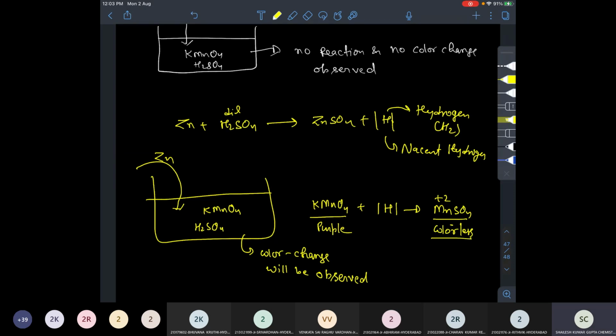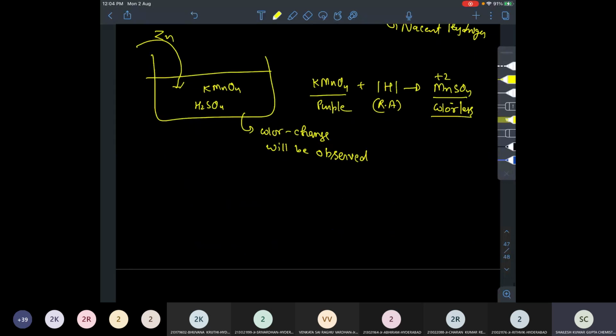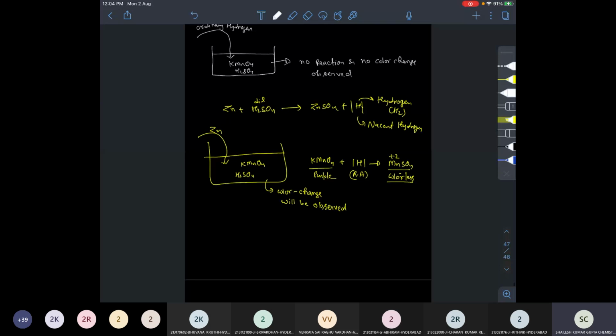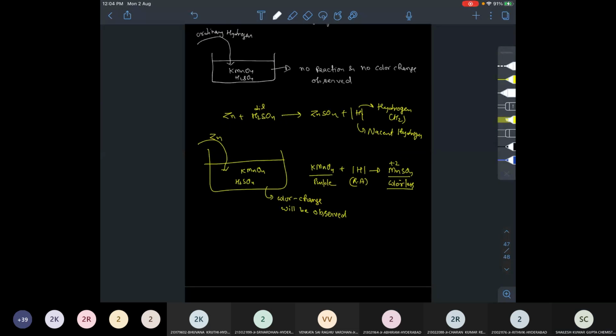So it is a powerful reducing agent, so it is reducing that. You can see how nascent hydrogen differs in terms of property. The third thing I would like to write here is a comment that ordinary hydrogen does not reduce KMnO4, whereas nascent hydrogen reduces KMnO4. Understood my point?